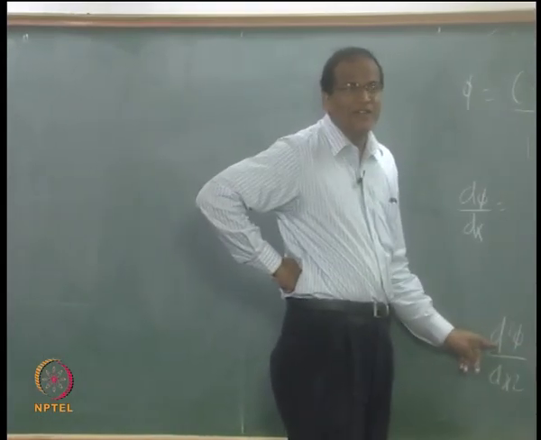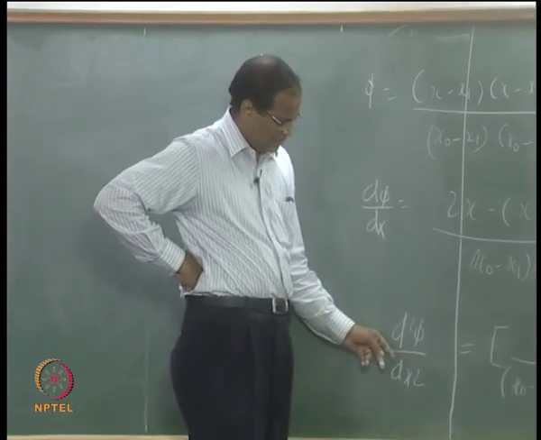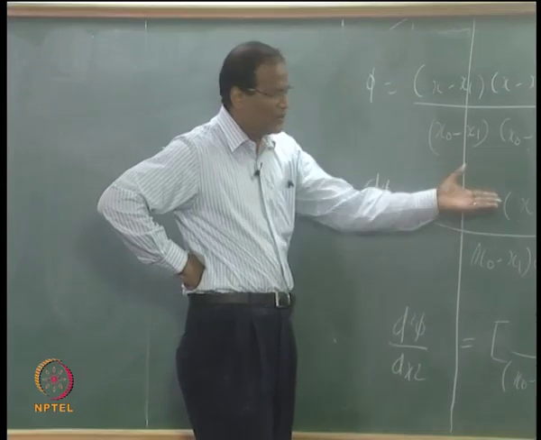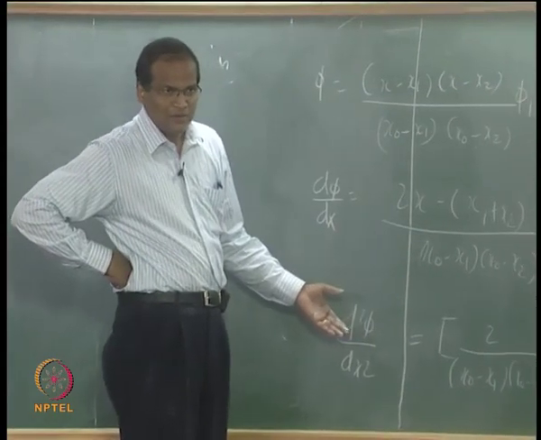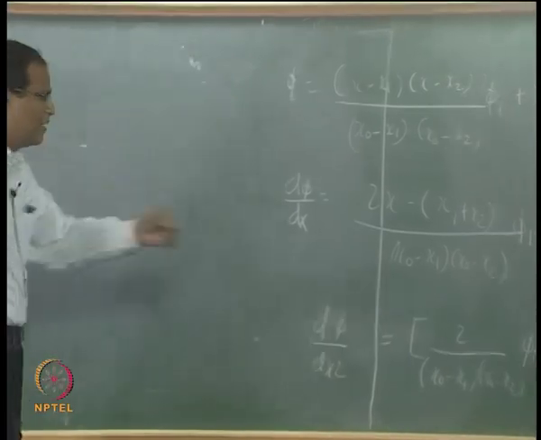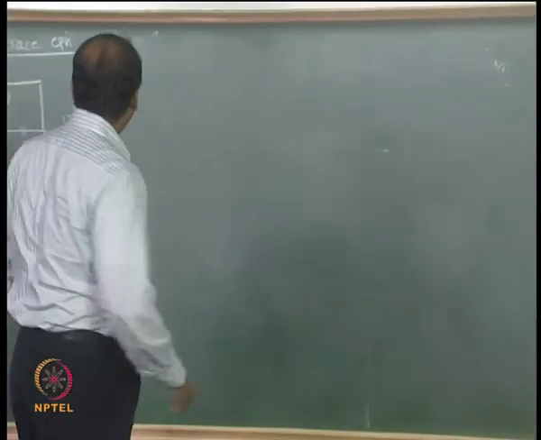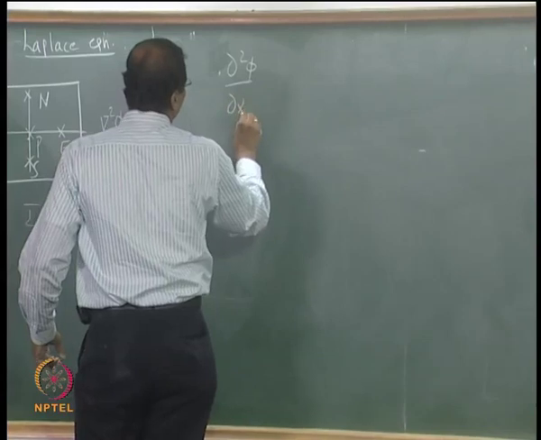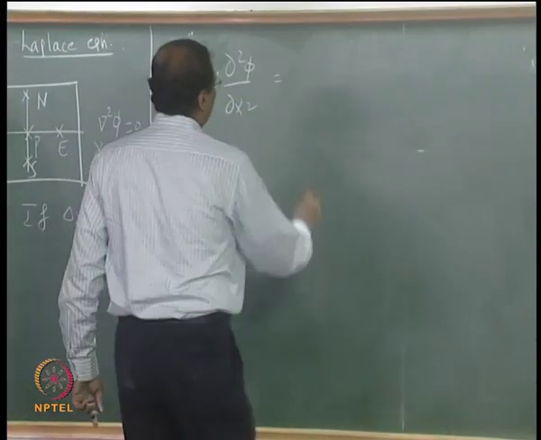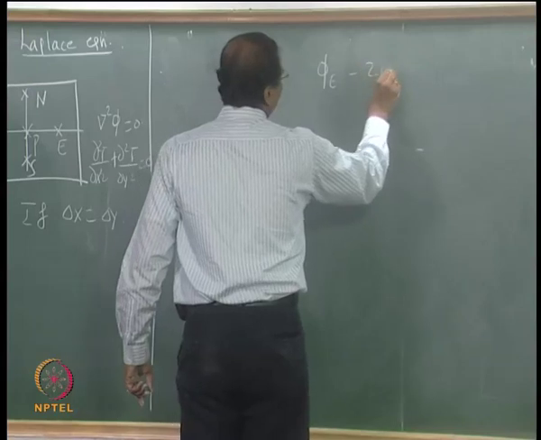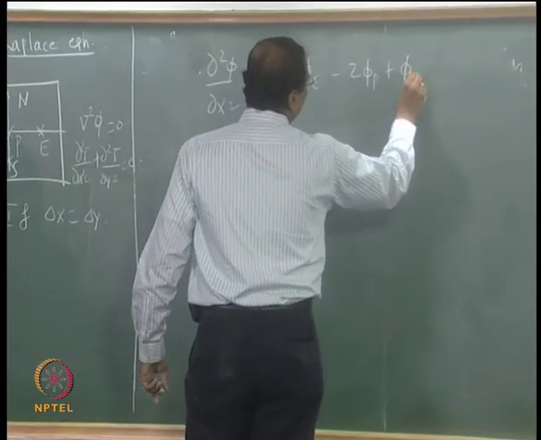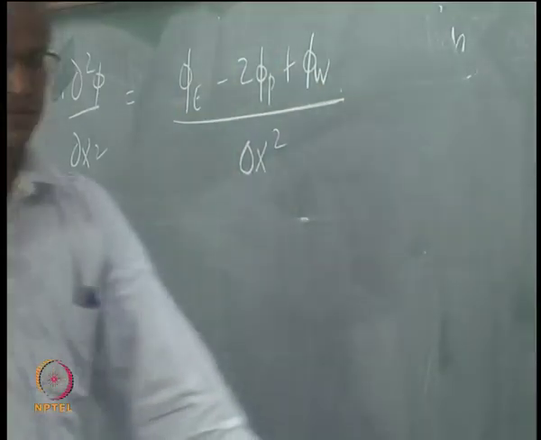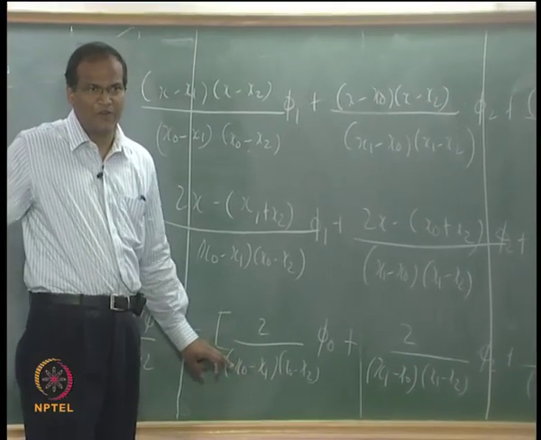See, this cannot be straight away. This d squared phi by dx squared is the same at all the 3 points. It is not a function of x, isn't it? Correct. So what does it mean? You got to reduce it to that form. Okay, will you do that?